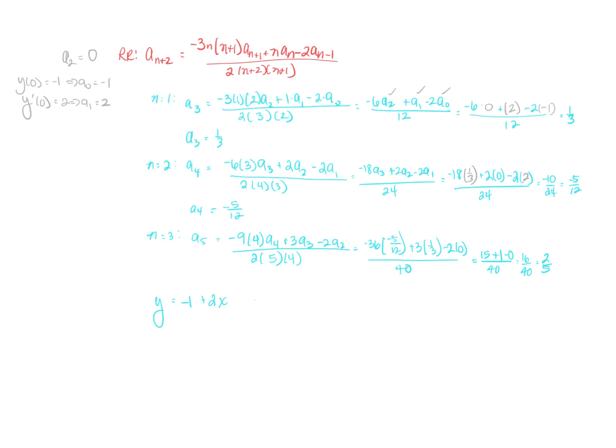So we skip over to a sub 3, which is 1/3 x cubed, minus 5/12 x to the 4th. A sub 5 is 2/5, so plus 2/5 x to the 5th. And here we have our answer. We just can't forget that there are plus more terms. And that's that.